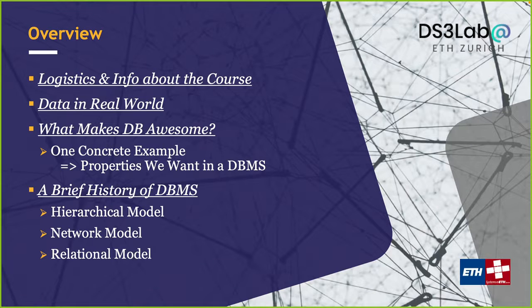This is the first lecture. We are going to spend maybe 10 minutes talking about logistics and some high-level information about this course. Then we are going to look at one real-world example to understand what we mean by data, what we want from data, and what we mean by managing data.